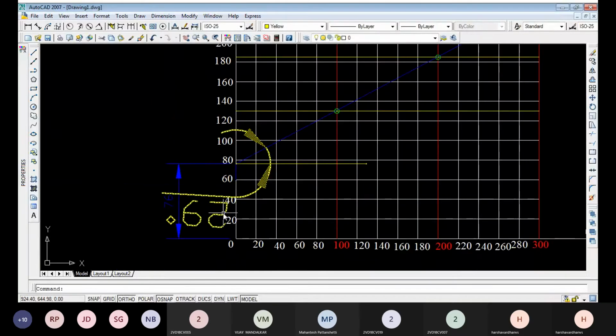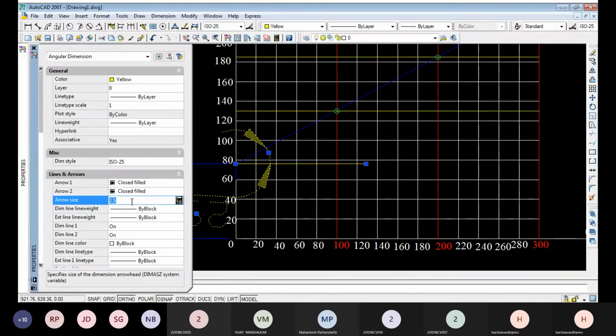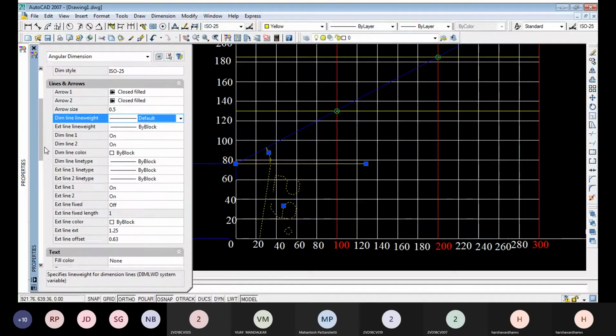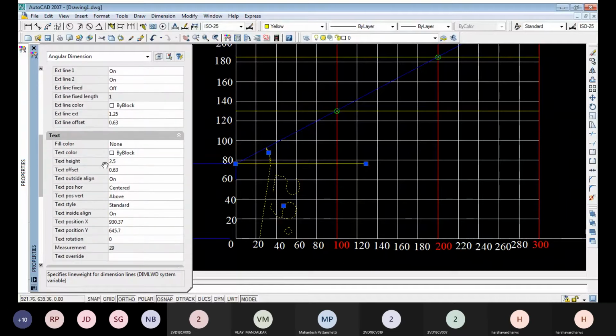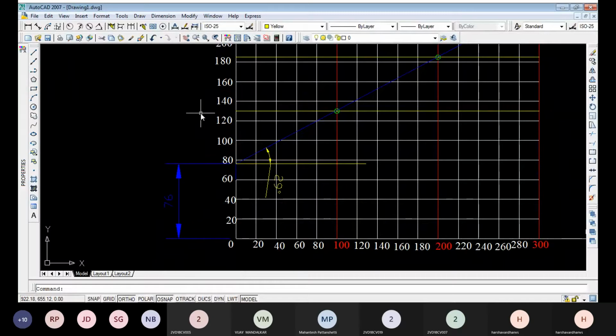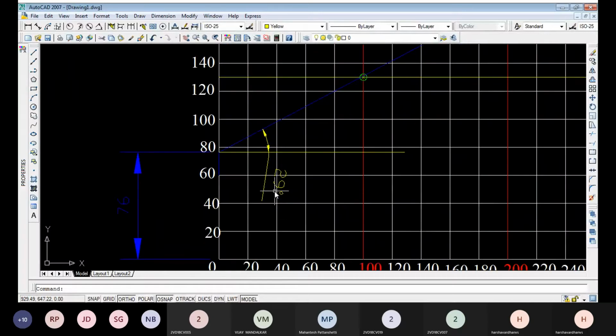So it is 29 degrees. I can change it here. You can change the height of the text. So are you getting the angle as 29 degrees?